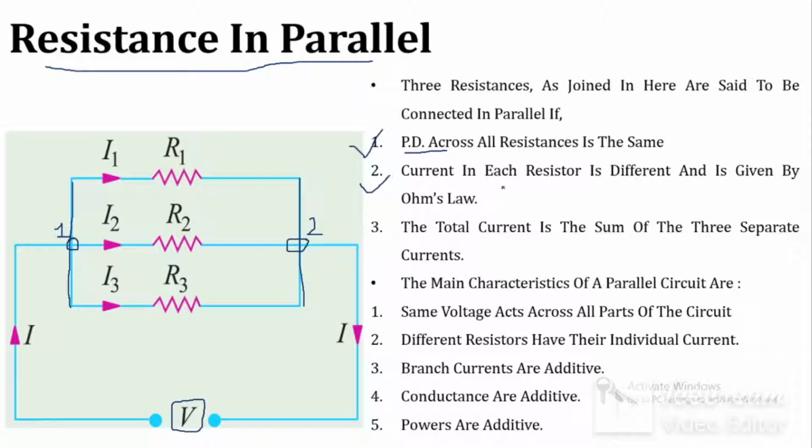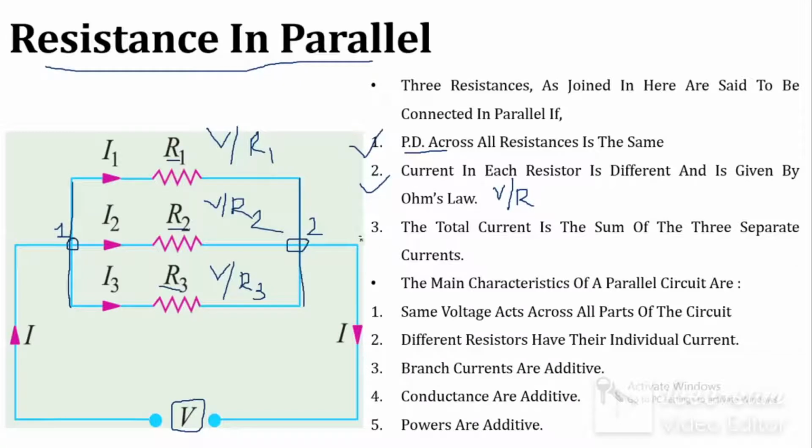Second point, the current in each resistor is different and is given by Ohm's law, that is V by R. So if we want to find the current I1, then I1 is equal to V upon R1, I2 is equal to V upon R2, and I3 is equal to V upon R3. So all three currents are different and depend on the values of R1, R2 and R3.